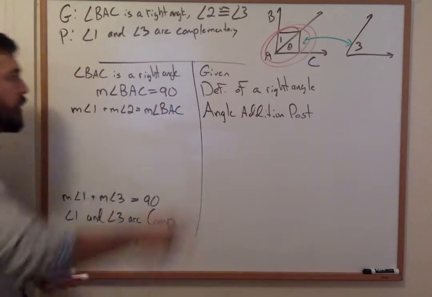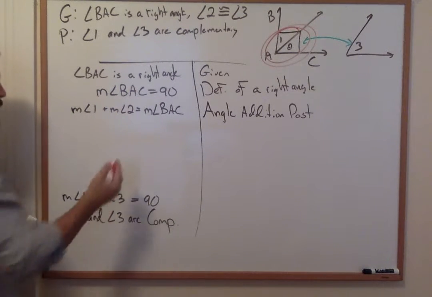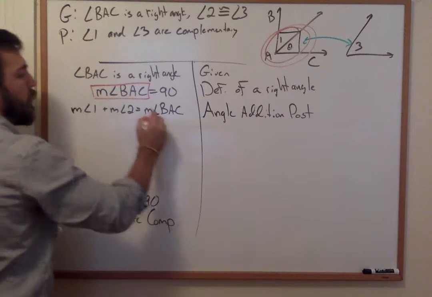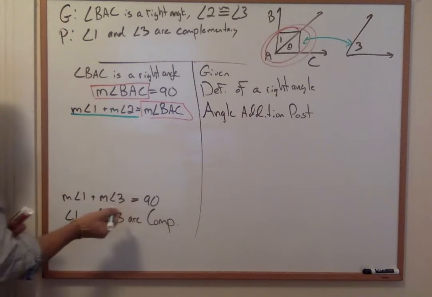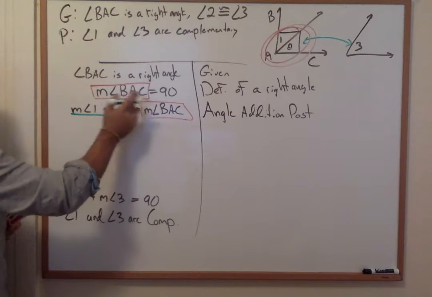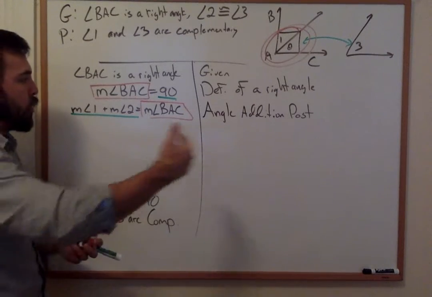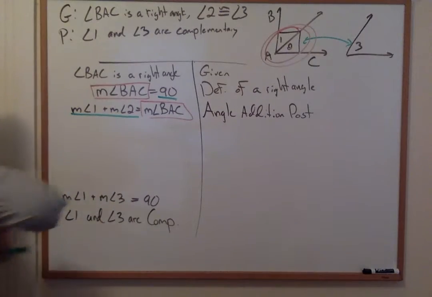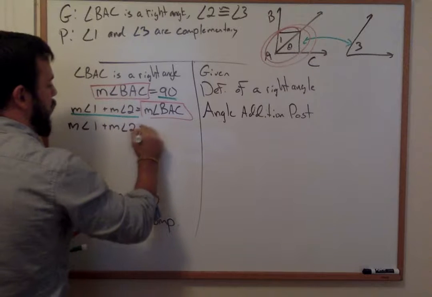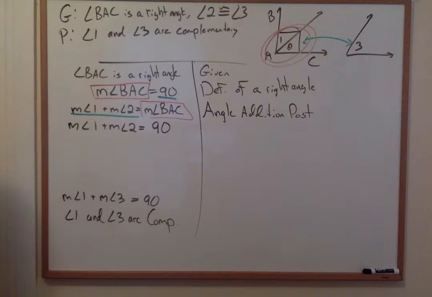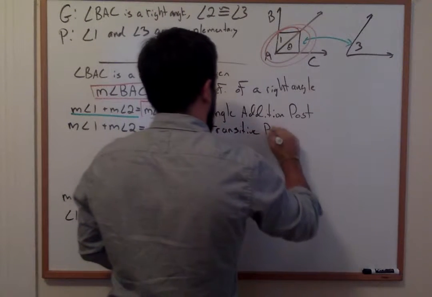But because we know that BAC is a right angle and that BAC is 90, since the measure of 1 plus the measure of 2 equals BAC, and BAC equals 90, we can transition across the equality of those expressions and say that the measure of angle 1 plus the measure of angle 2 will also equal 90. That is the transitive property.